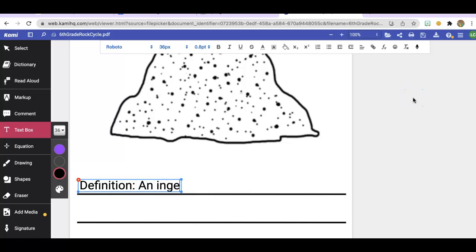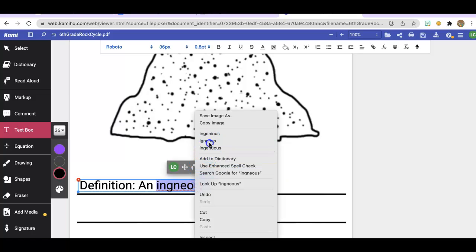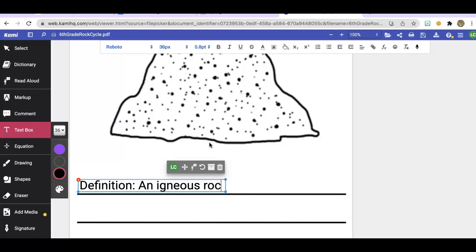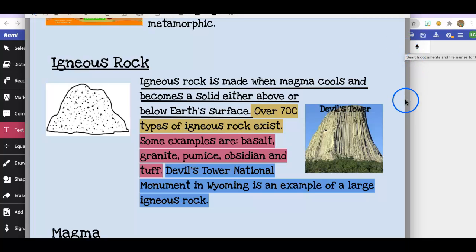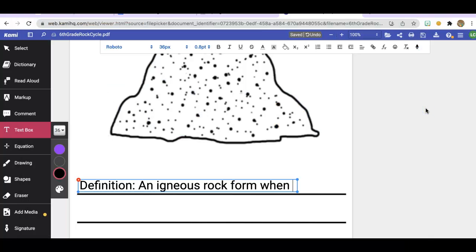And igneous, if I could spell it, I guess I can't spell. Good thing there's spell check. An igneous rock forms when, let me go back to my page. When magma cools, oh, I gotta go back and look.